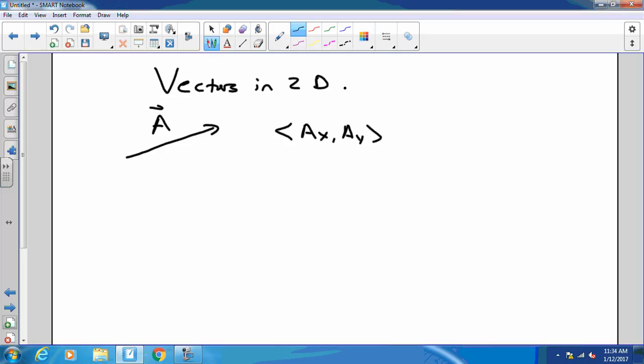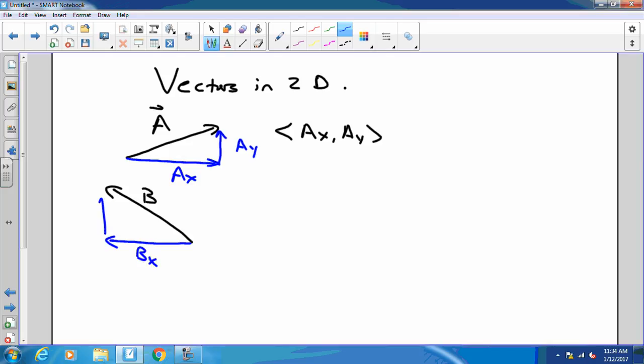And all of you should be able to visualize those x and y components by doing an x component in the x direction and a y component in the y direction. This is a different vector b, like so. Then I will visualize those components by doing a bx and a by, like this.